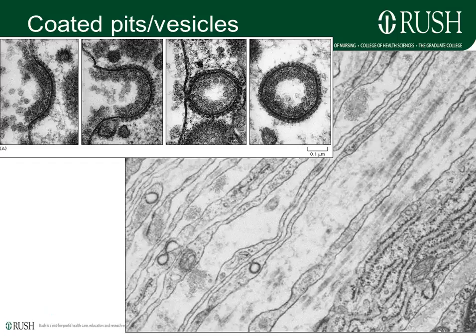So here is a really nice resolution set of images of coated pits and vesicles showing, you can see at the top here, the cargo or the substance that's being bound to its receptor, and then on the cytoplasmic surface you can see these kind of little spiky molecules here, which are the clathrin, which coats that, and then as it invaginates further and further, you form the vesicle, and then eventually that gets brought via this membrane fusion here, gets brought into the cell cytoplasm.